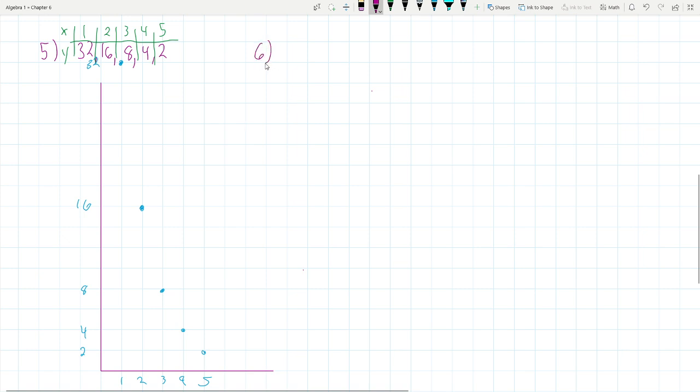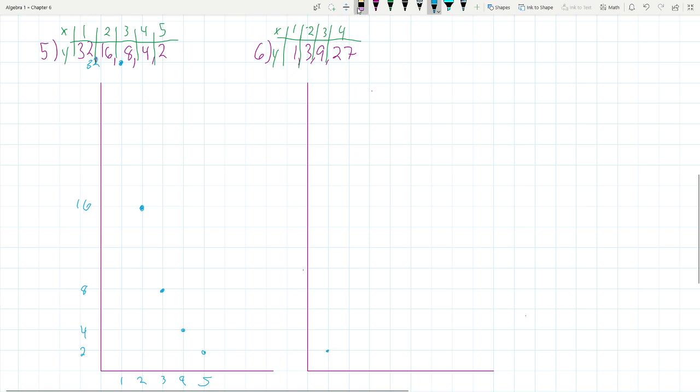Let's do another one. Let's do number 6. If I'm given the sequence 1, 3, 9, 27, again, these are going to be my y values, and my x values are going to be 1, 2, 3, 4. Draw a graph. Luckily, it doesn't need to go as high, but we're just going to keep it the same. Blue. So 1, 1.